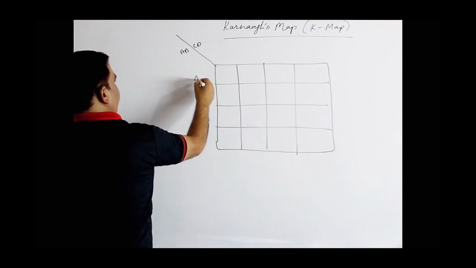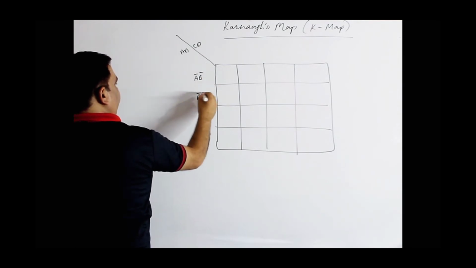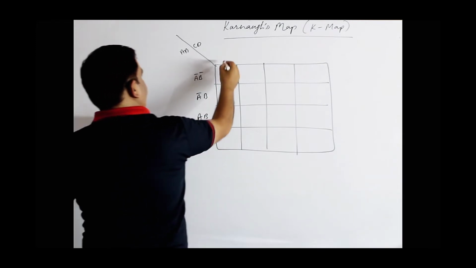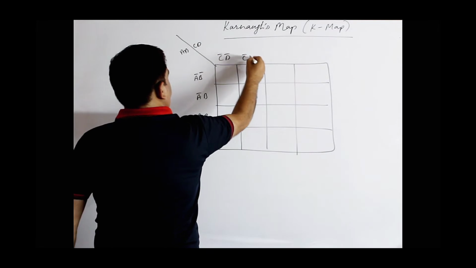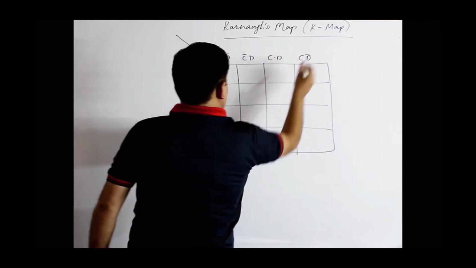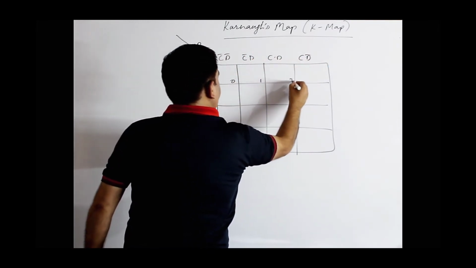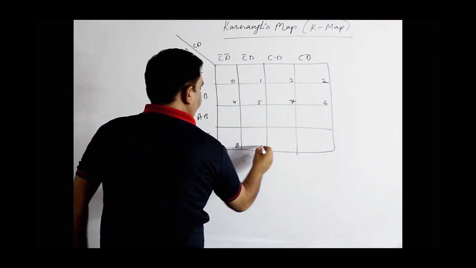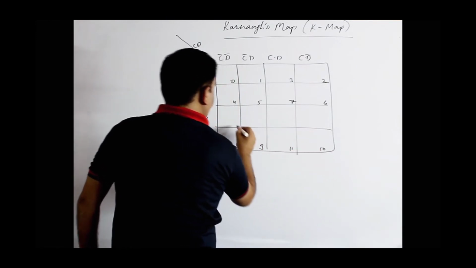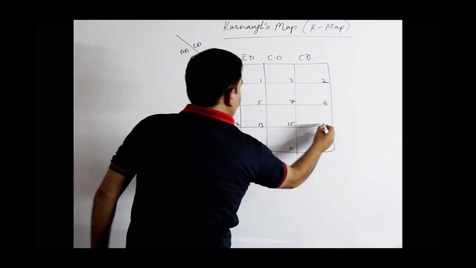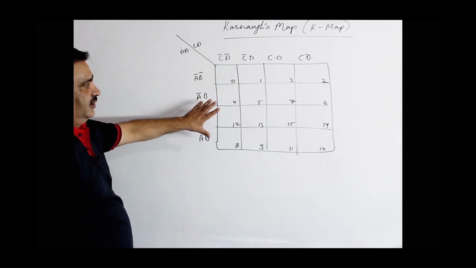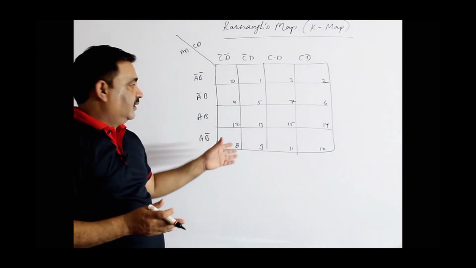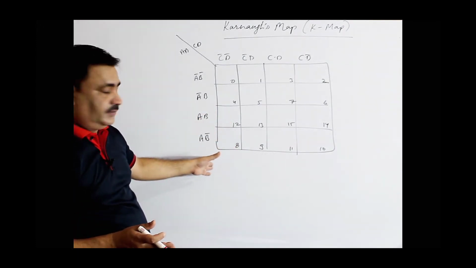A, B, C, D: here you can write A complement B complement, A complement B, AB and AB complement. Same way here C complement D complement, C complement D, CD and CD complement. I am filling in the designations 0, 1, 3, 2, 4, 5, 7, 6, 8, 9, 11, 10, 12, 13, 15 and 14. These are the designations which I have already discussed in the previous topics.